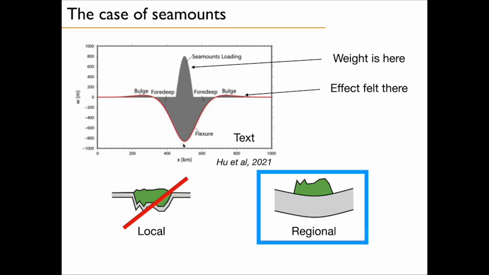It will be deepest right below the load, but as a result, there will also be a bulge. So a bit further away from the load, there will be a positive deflection, which will be recorded. So to explain this, we need to move to a regional model.